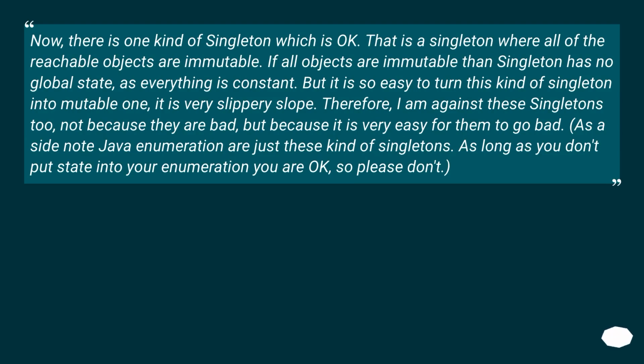But it is so easy to turn this kind of singleton into a mutable one, it is a very slippery slope. Therefore, I am against these singletons too, not because they are bad, but because it is very easy for them to go bad. As a side note, Java enumerations are just this kind of singleton. As long as you don't put state into your enumeration you are okay, so please don't.